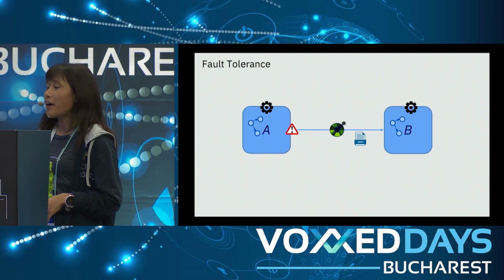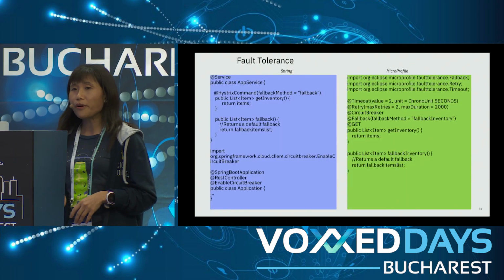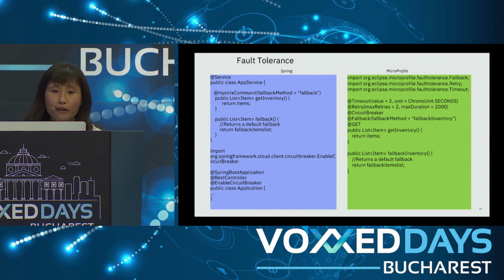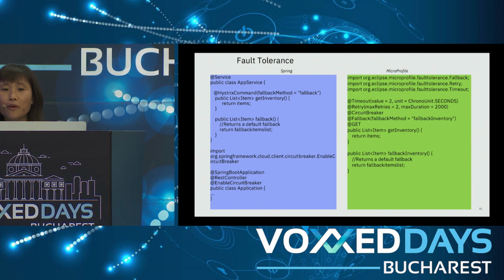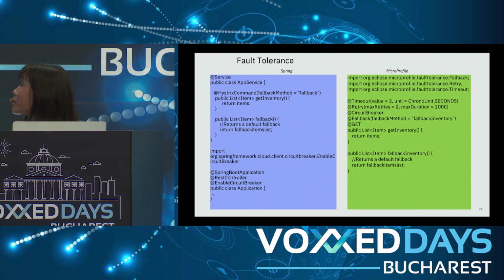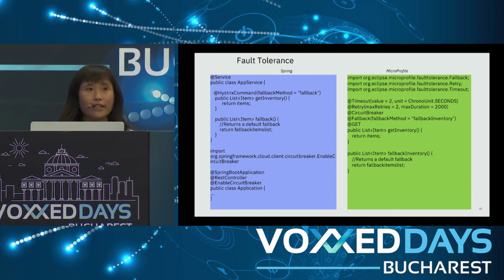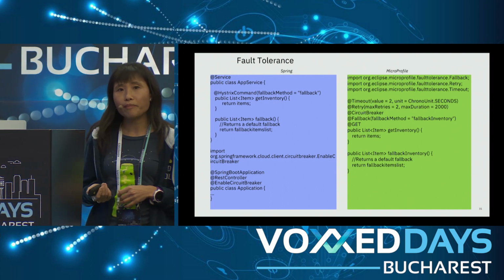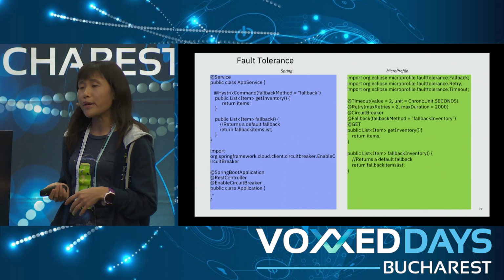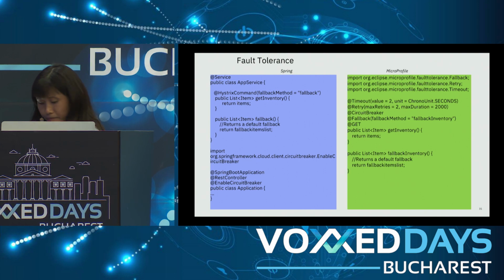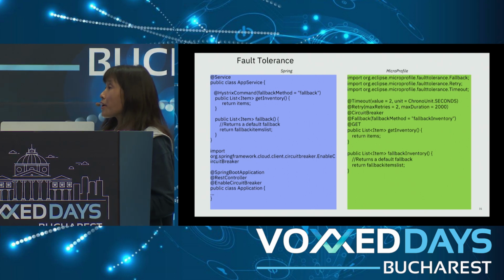Fault tolerance directly solves that problem for you. In Spring, you use Hystrix command, and you can specify a fallback and a circuit breaker. In MicroProfile, we directly create all the annotations like fallback, circuit breaker, bulkhead, and timeout, and so on. This is all annotation based. You directly add it to your backend, to your endpoint.